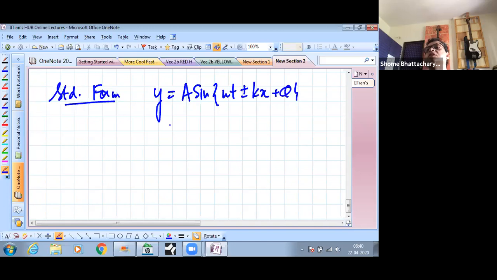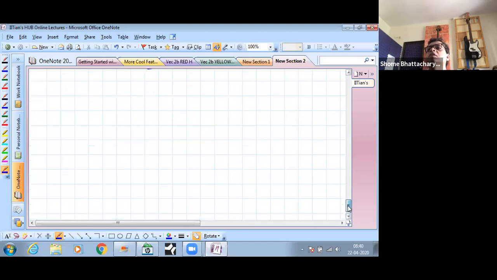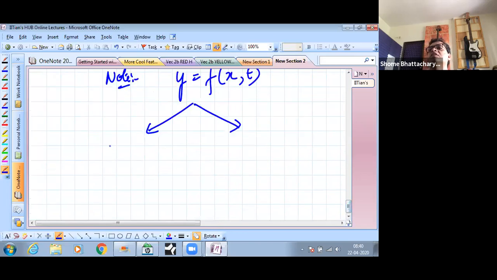Now we have to see that in this, what is happening is that this is a function of two things, position x and time t. So therefore, there are two ways of interpreting this. The interpretation of this is in two ways, that if we fix the value of time, for example, we take some fixed value of time t naught, then we get y as a function of x.